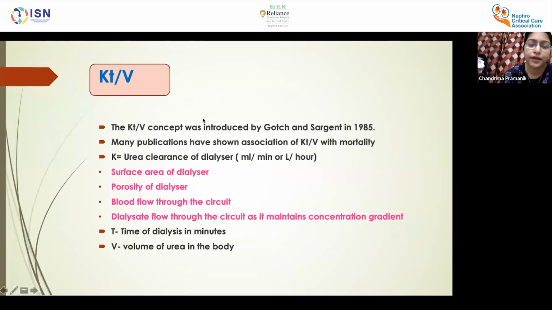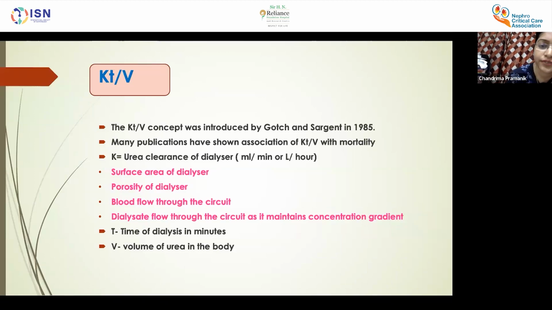Next is the KT by V. It is a concept which was introduced by Gotch and Sargent in 1985. Many publications have shown the association of KT by V with mortality. So what is KT by V? K is equal to urea clearance of the dialyzer, which is mainly marked by milliliter per minute or liter per hour.